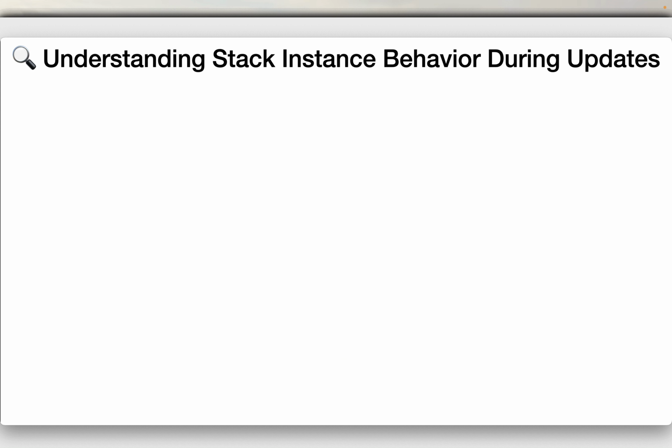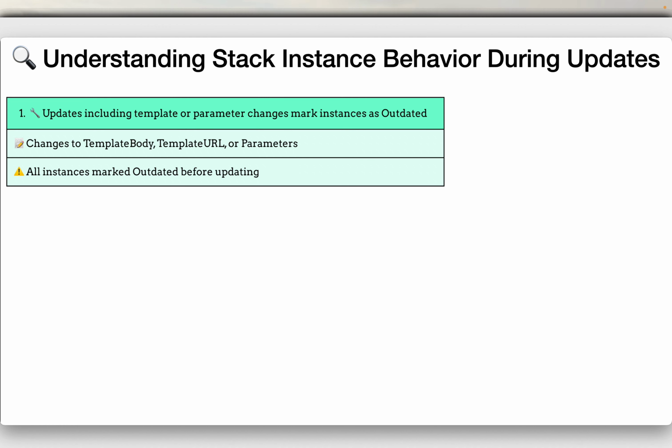So understanding stack instance behavior during updates. If the stack set update includes changes to the templates, it can be template body or template URL properties, or if the parameters property is specified, AWS CloudFormation marks all stack instances with a status of outdated prior to updating the stack instances in the specified AWS accounts and AWS regions.